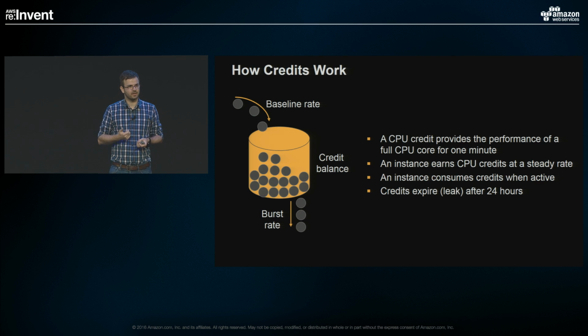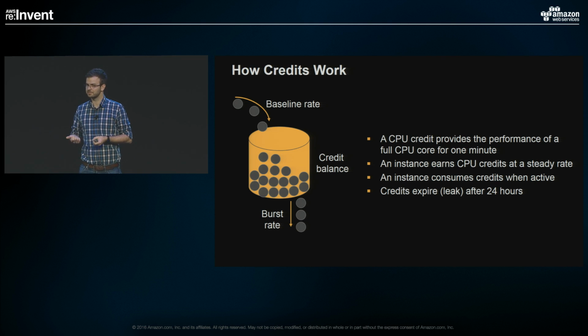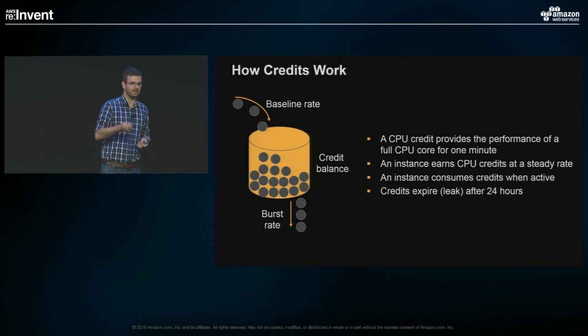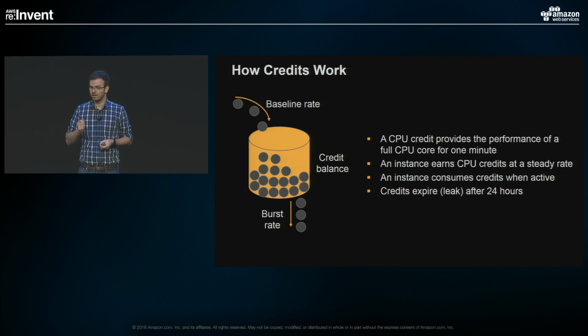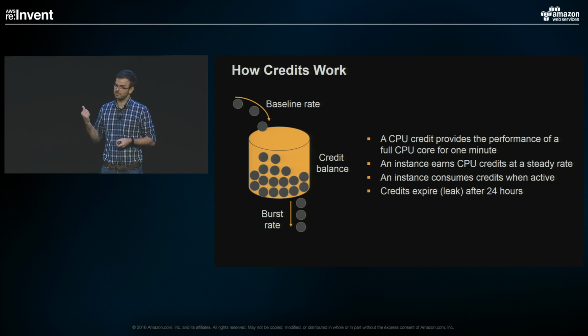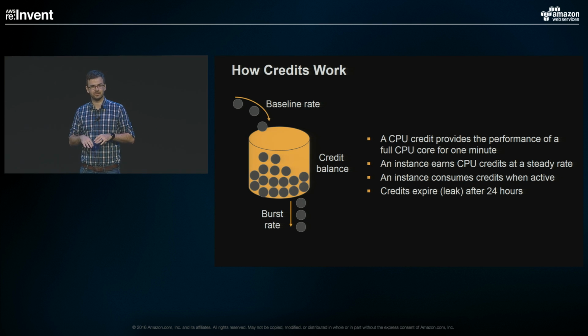One CPU credit allows you to burst for 100% of one core for 1 minute. When the work dies down and your instance becomes idle, you start earning new credits into that bucket. Also, credits expire out of that bucket if they're unused for 24 hours. So finding the right size of that T2 instance is important to make sure that you're always bursting.